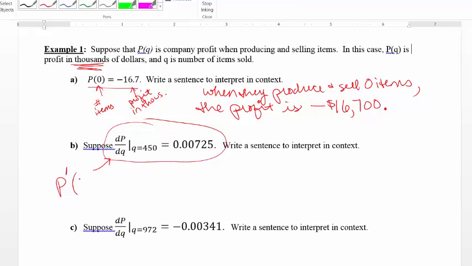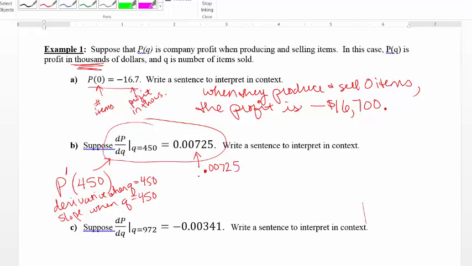So they're saying p prime of 450, the derivative when q is 450, the slope when q is 450. And they're saying the slope is 0.00725. The derivative is 0.00725. So this value, 0.00725, is a rate. It's a slope of the function right at that moment in time.